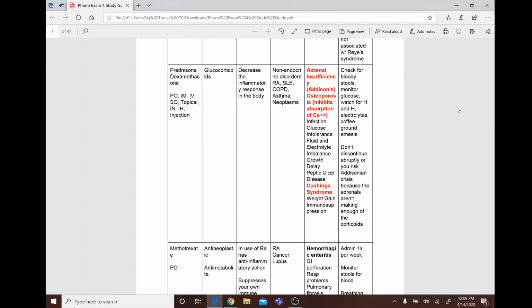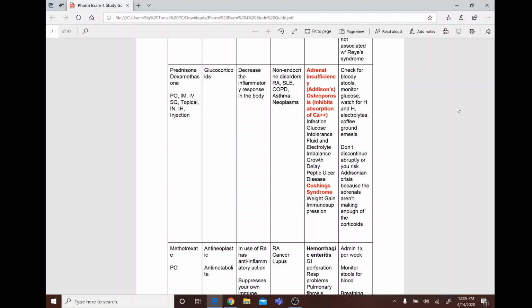What are the side and adverse effects of the glucocorticoids? Adrenal insufficiency, osteoporosis, infection, glucose intolerance, fluid and electrolyte imbalance, growth delay, peptic ulcer disease, Cushing syndrome, weight gain, and immunosuppression.